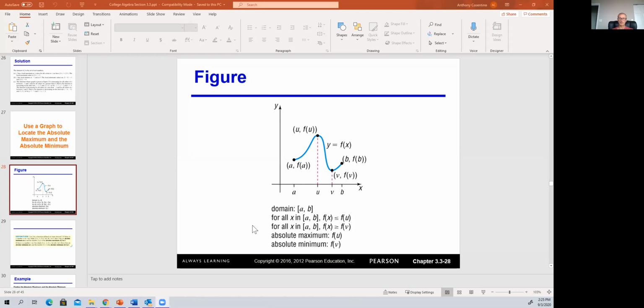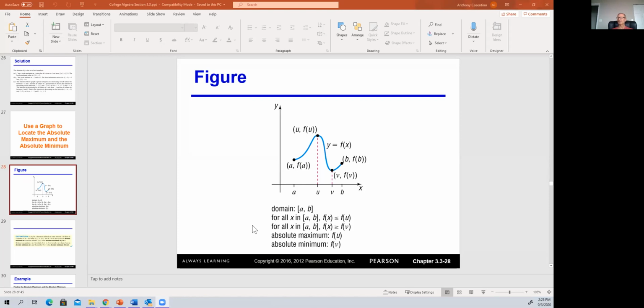So to continue with the maximum and minimum discussion, let's now move to absolute maxes and mins. And what we mean by the difference between absolute and local is that the biggest value of y would be the absolute max, and the smallest value of y would be the absolute min.